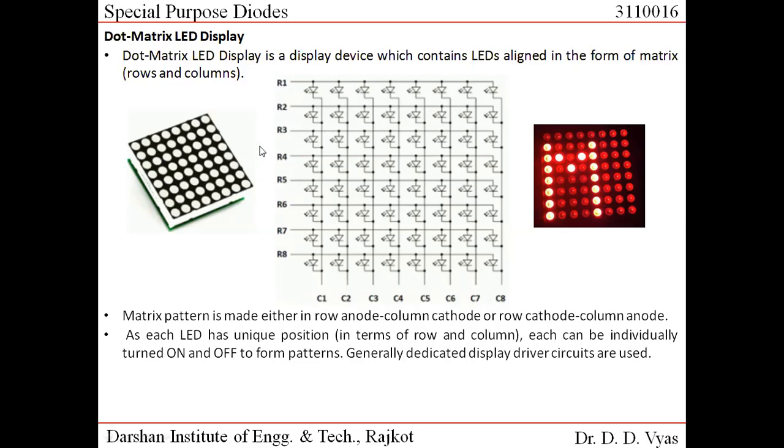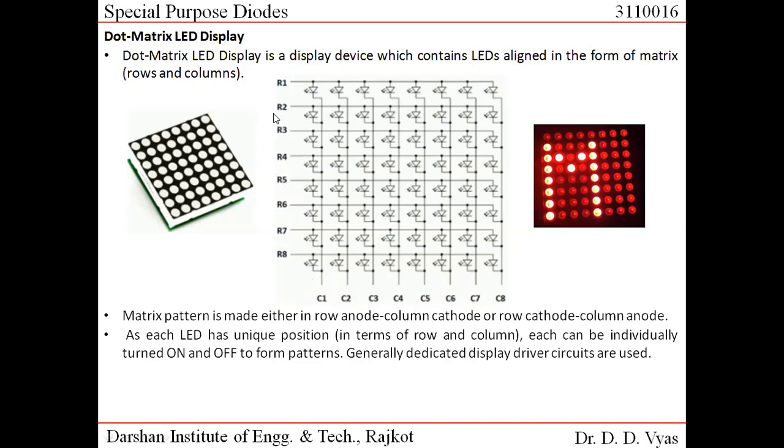If all the rows except R2 are at 0 volts, only R2 is at say plus 5 volts, and all the columns are grounded, because R1, R3, R4 and all other lines are at 0 volts, the net potential difference across the diode would be 0, so the LED would not turn on.